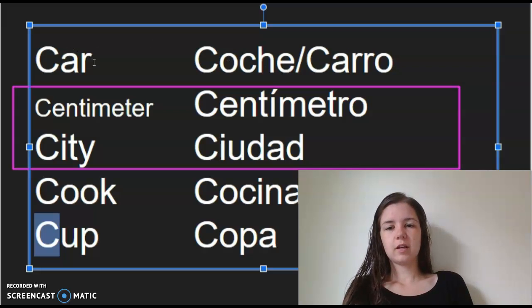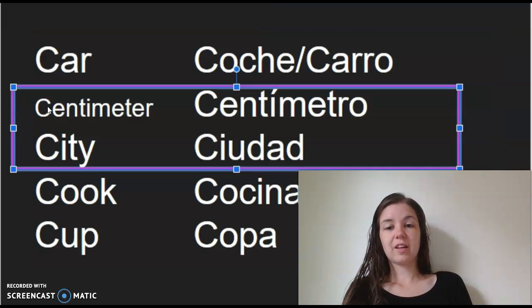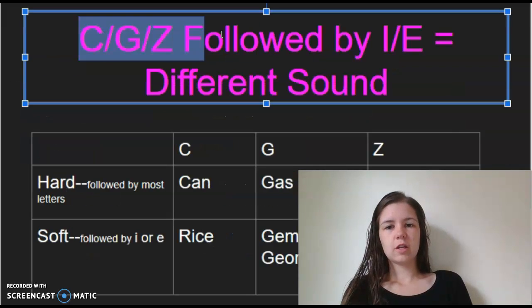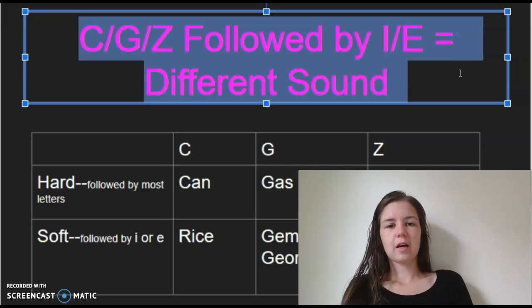It makes the K sound when the next letter is A, O, or U, or any consonant. But it only makes the S sound when the next letter is an E or I. So the key here is that when I have a letter C, G, or Z followed by an I or E, it's going to make a different sound, like the S sound for C.